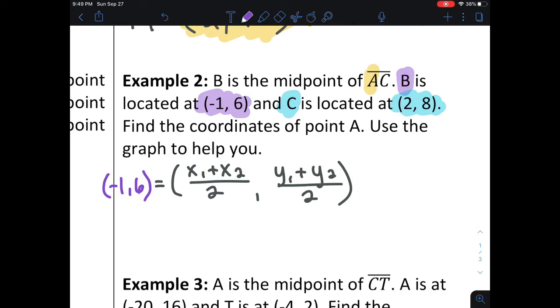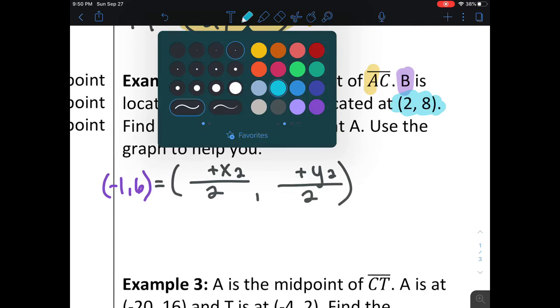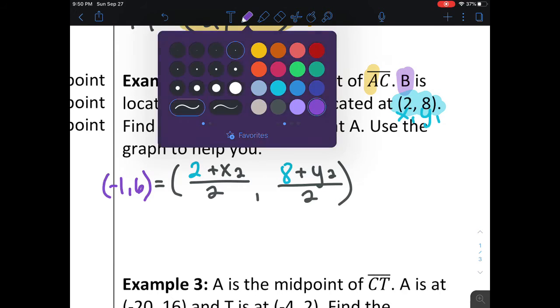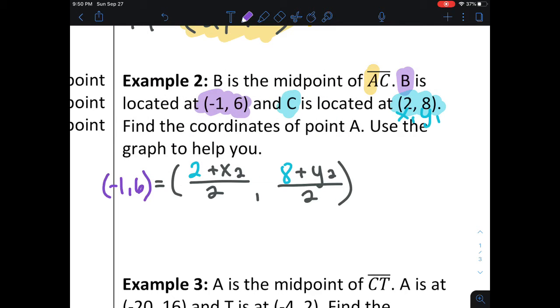Then I'm going to replace C with this x1 and this y1. So that's going to be a 2 and an 8. So I'm going to make that x1, y1. But again, we can't make the B be the other one because this is the midpoint.